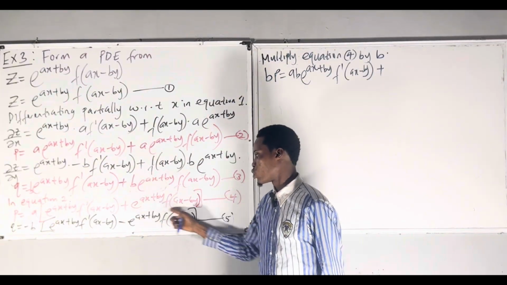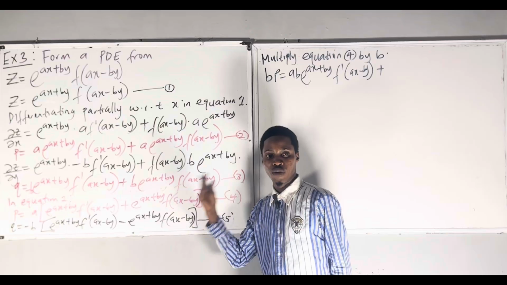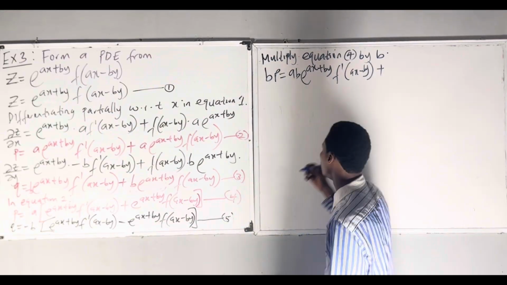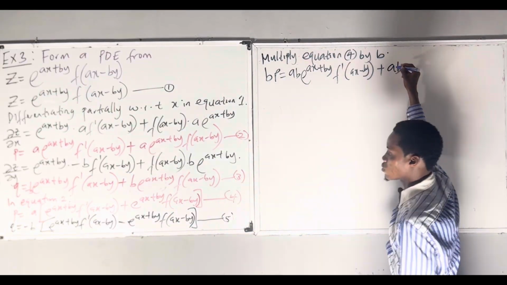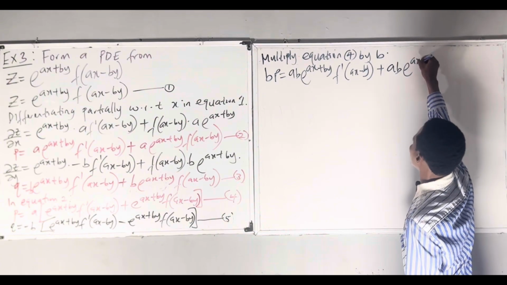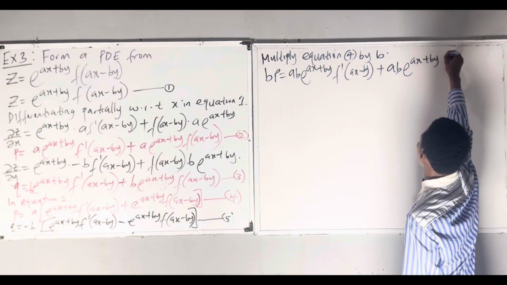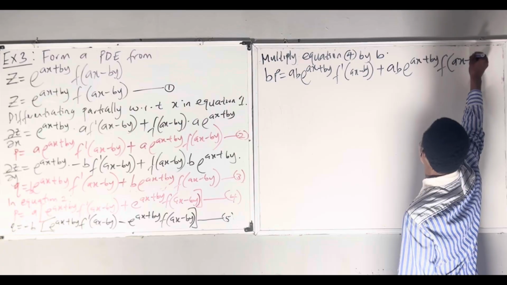So if a multiplies all this one, we are going to have a with this. Then we are using b to multiply as well. So we are going to have ab as well. Plus ab e to the ax plus by f of ax minus by.